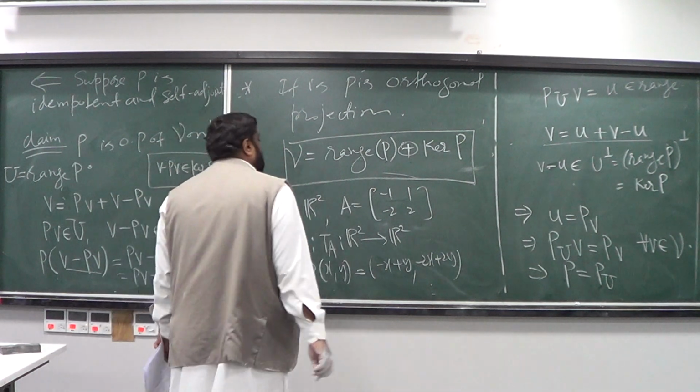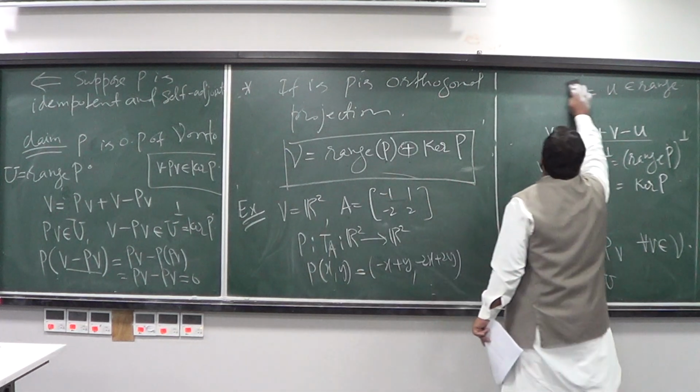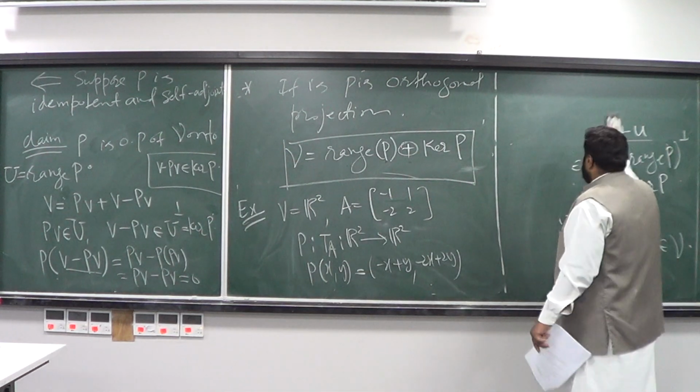What you can check easily is whether it is self-adjoint, because its conjugate transpose is equal to itself.